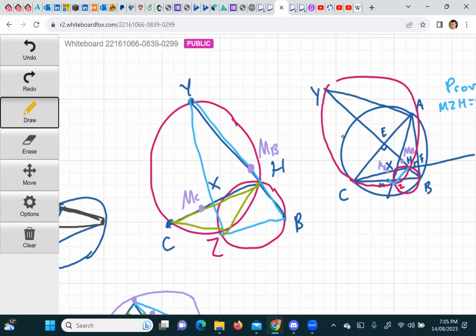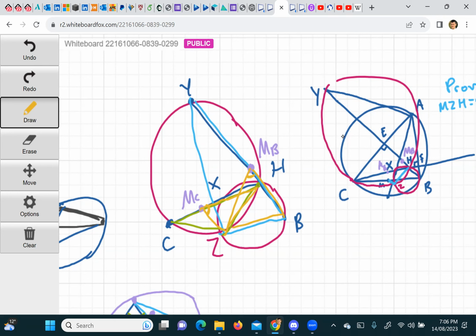Then this triangle here is spiral similar to this triangle here, right? Yes, that's the definition of MB going to MC. But now, this angle here is equal to this angle here, because they're corresponding angles on similar triangles. Which means that this yellow quad is a cyclic quad.